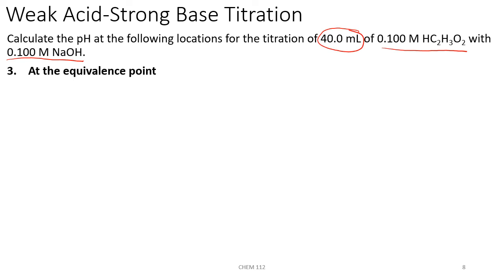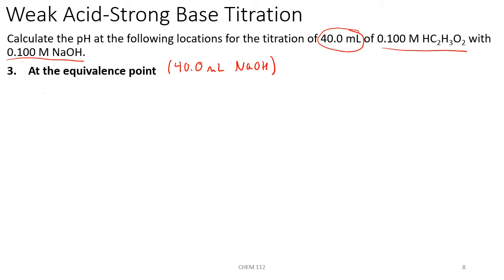And since we're titrating with 0.1 molar sodium hydroxide, and it has the same concentration as our acetic acid, it's also going to take us 40 milliliters of sodium hydroxide to reach the equivalence point. Just like we saw it took us 20 milliliters of sodium hydroxide to reach the half equivalence point previously.